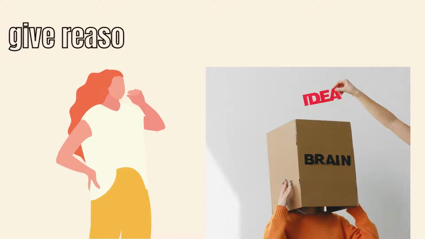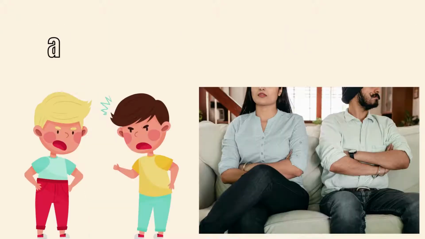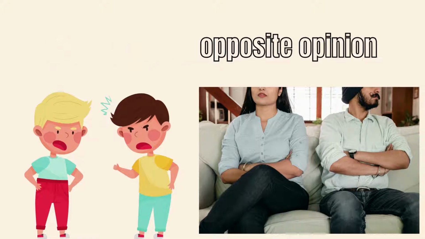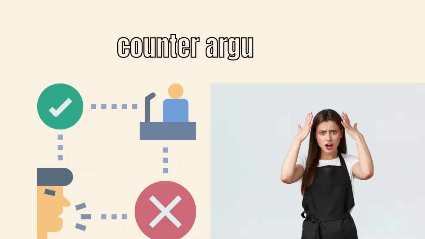Second is to give reasons to support your opinion. Number 3, argue against the opposite opinion. Next, you have to convince the audience that your side of the argument is correct. And for it to be balanced, you must include your viewpoint and the opposing viewpoint or counter argument.